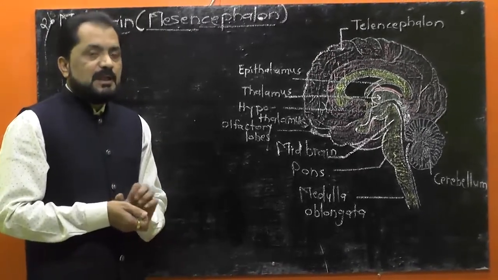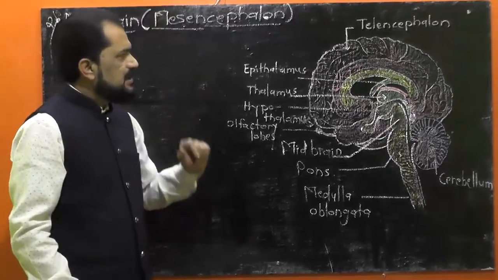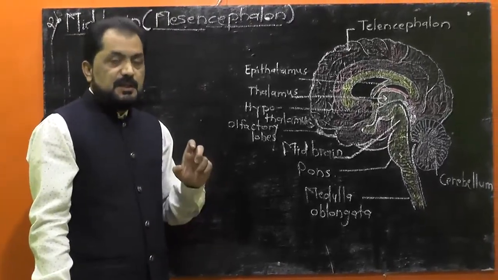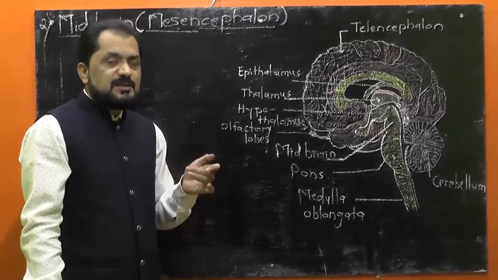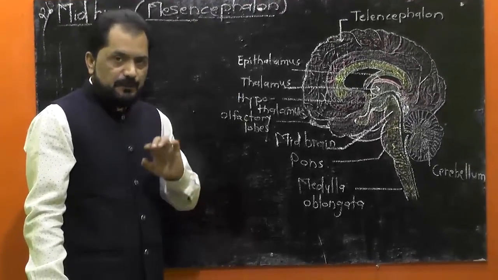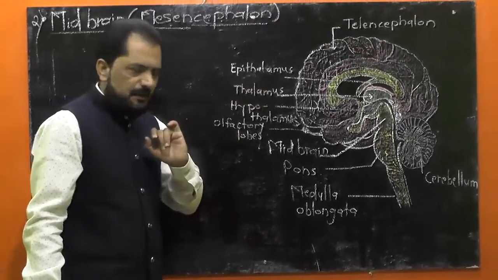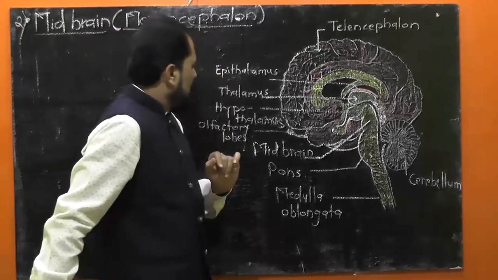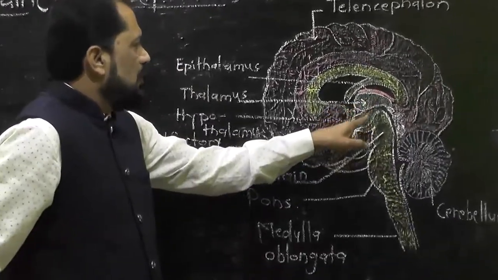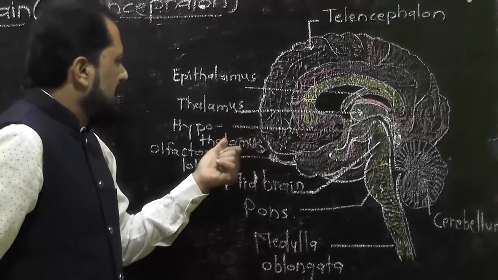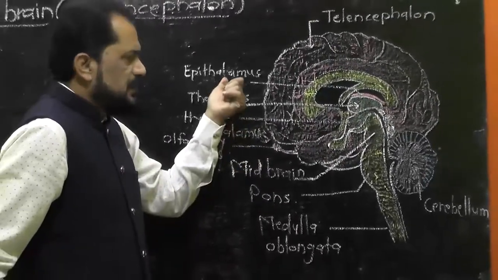Now let me tell you that the mesencephalon is present in between the diencephalon and pons varolii. Please look at the diagram. Here with the help of this green chalk I have shown the thalami, hypothalamus and epithalamus.